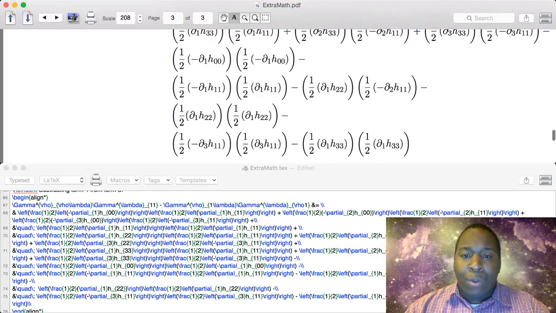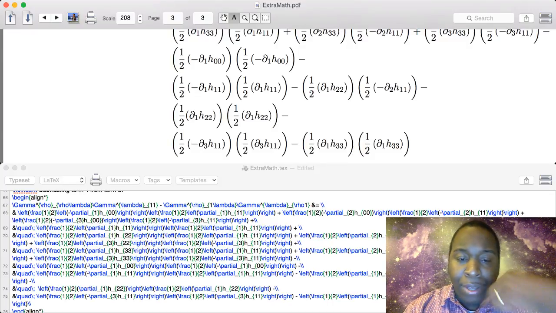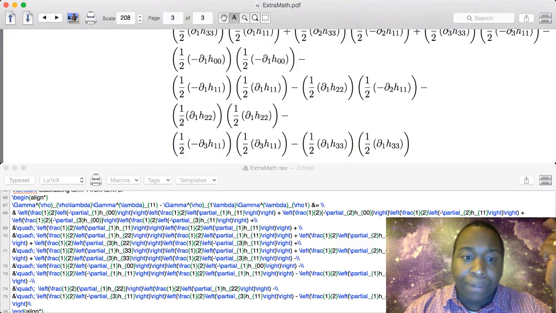All right, so let me explain what's going on in my head here. I'm looking at the subscripts on the terms, and I'm thinking about the corresponding Christoffel symbol.